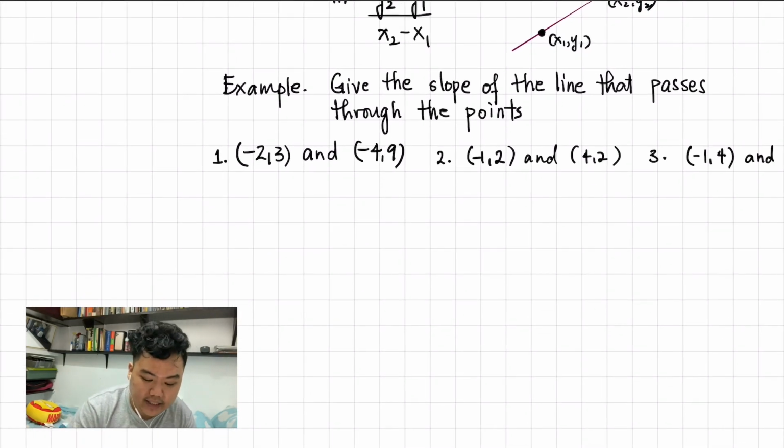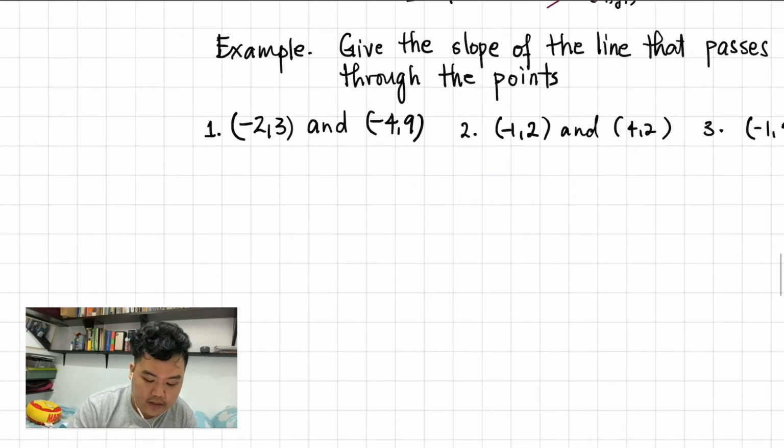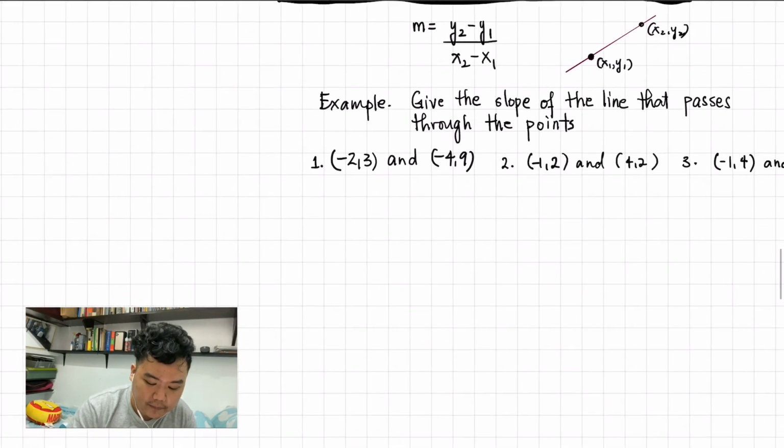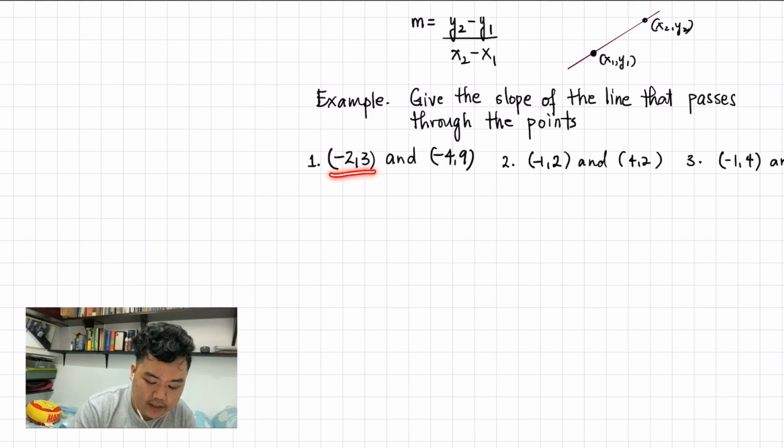Let us do some examples for clarity. Let us find the slope of the line that passes through the following pairs of points. For the first example, we have this point and this point. You can name this one (x1, y1) and the other (x2, y2), or the other way around. It doesn't matter, but for simplicity, I will call this one (x1, y1) and the other point (x2, y2).